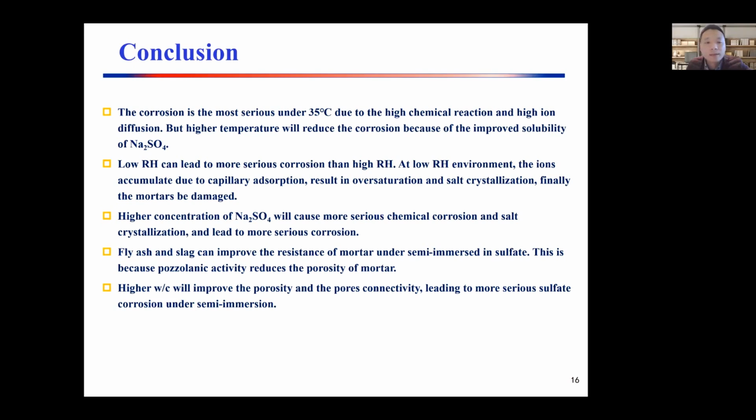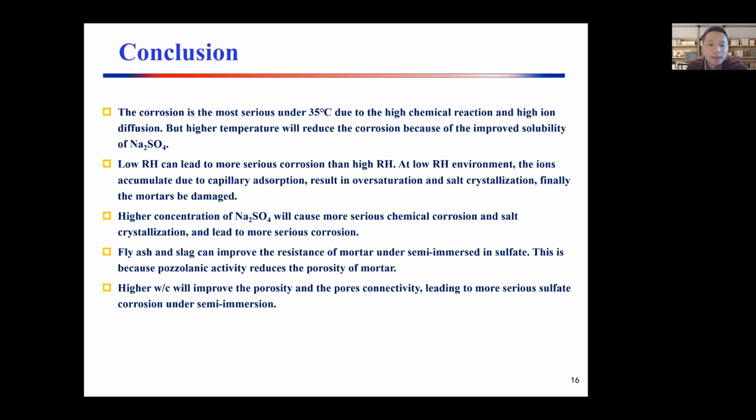The second is lower RH can lead to more serious corrosion than higher RH. At lower RH environment, the ions accumulate due to the capillary absorption, resulting in oversaturation and salt crystallization. Finally, the mortars are damaged.